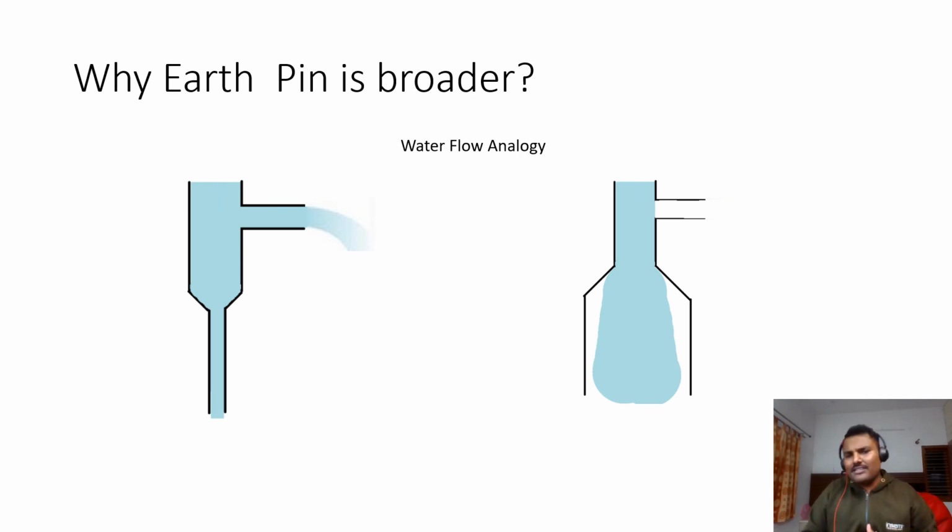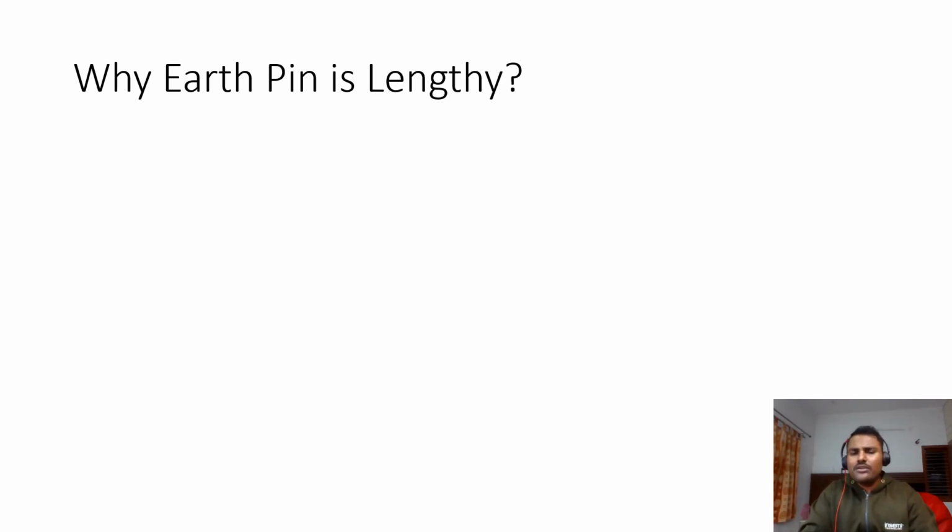In terminology, we can say resistance will not be there, so it can flow easily. This is the help of the broader pin. Then the next question is why the earth pin is lengthier. This is a general question, because the line and neutral pins are normal in length, but the earth pin is lengthy.